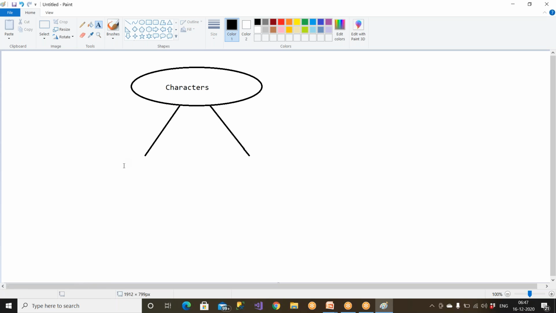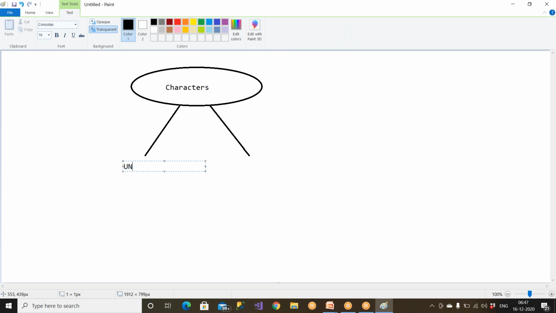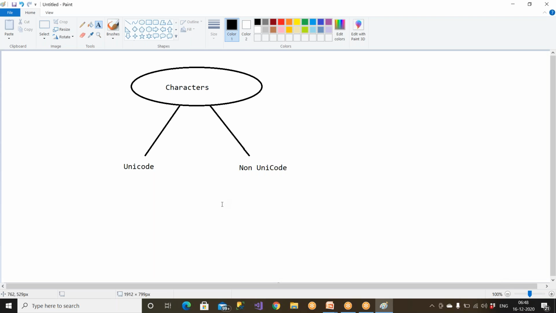One is called Unicode data, Unicode characters. The second one is called non-Unicode characters. So these are the two types of characters available in this world. One is Unicode data, the second one is non-Unicode data.